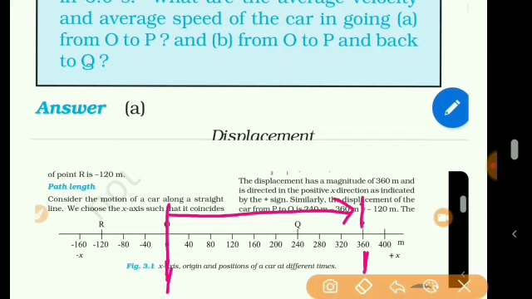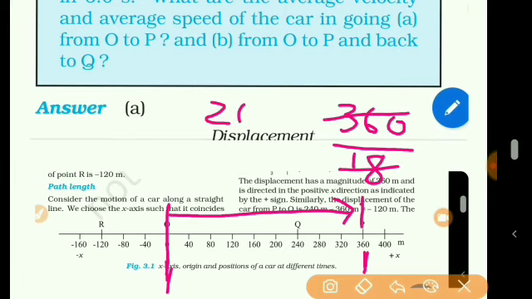So displacement will be 360, and the time taken is given in the statement for this path OP: 18 seconds. So divide by 18. If you divide this 360 by 18, you will get the result 20.